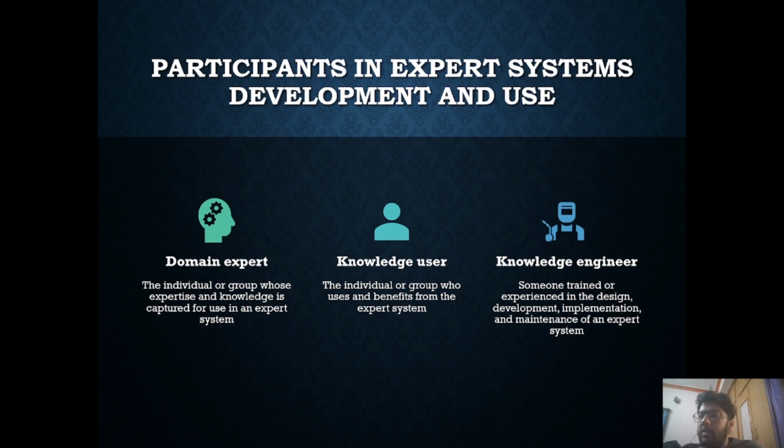So basically the domain experts have inputs towards the acquisition systems which are updated into the knowledge base. So a knowledge user is someone who uses and benefits from the expert system, that is the user end. And a knowledge engineer is someone who is experienced to train or design the program and also to maintain the expert system in such a way that it provides accurate results.